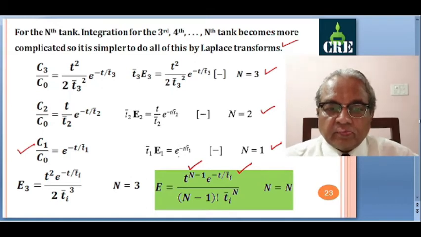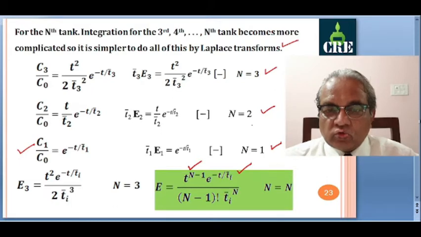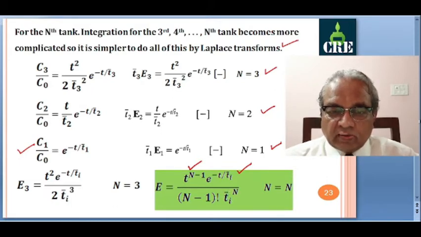Then here, what we get in the denominator? T1 bar term we'll look at. T1 bar raised to 1. Here T2 bar raised to 2. Here T3 bar raised to 3. Means raised to 1, raised to 2, raised to 3. Means Ti bar. So T1, T2, T3.